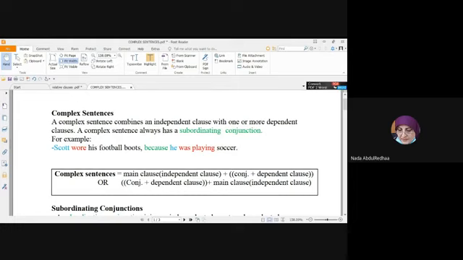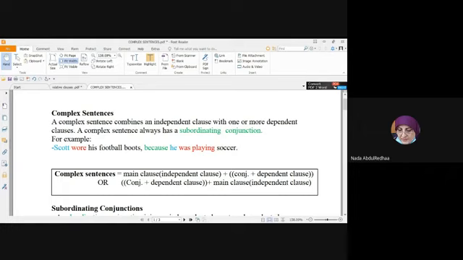Okay? Now, we are going to talk about the form of the complex sentence in detail, as you see in the bracket. The complex sentence has a main clause, which is called an independent clause, which means it can stand alone, plus, as you see in the bracket, conjunction plus dependent clause.